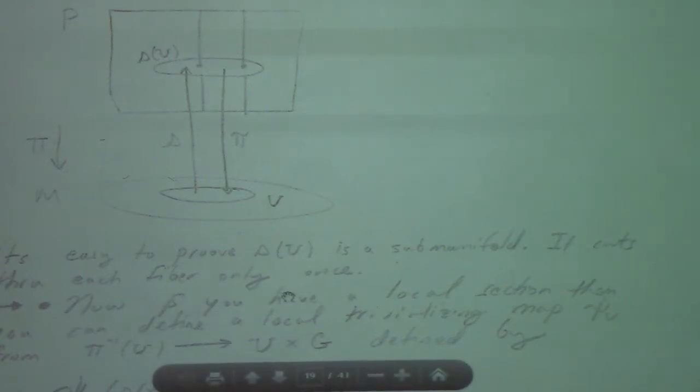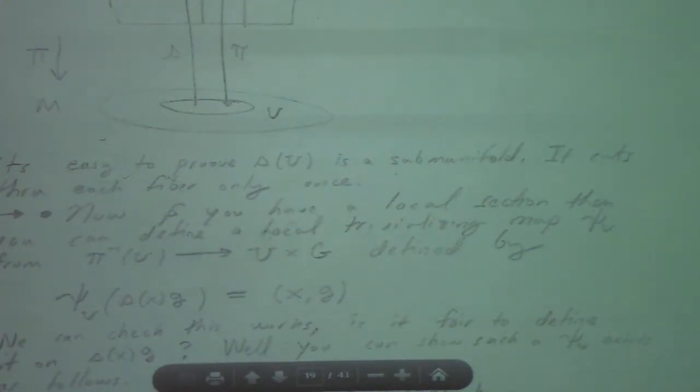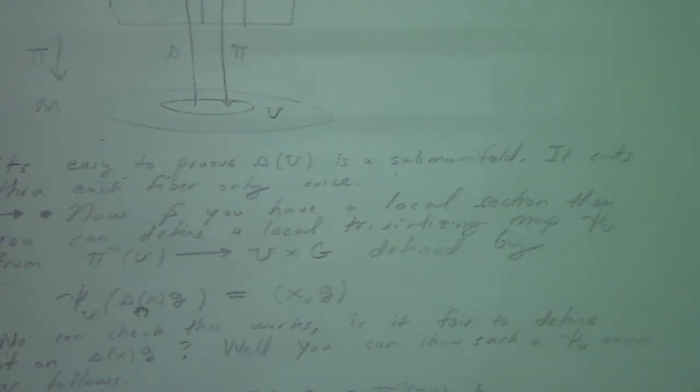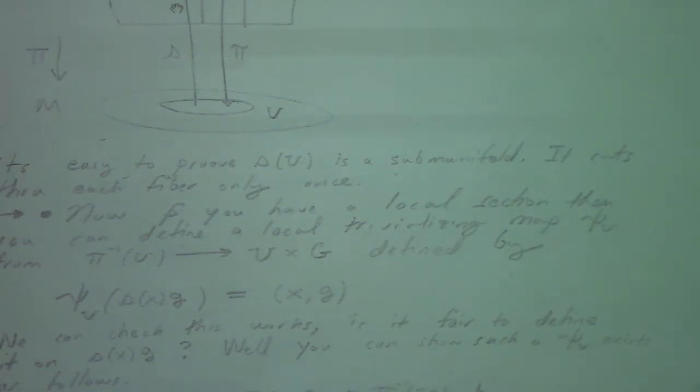So suppose you have a local section, then you can define a local trivializing map, psi U, as follows. If I'm given a local section, I can define a local trivializing map as follows. I take s(x) g, which is going to be a specific point in the fiber over x, right?